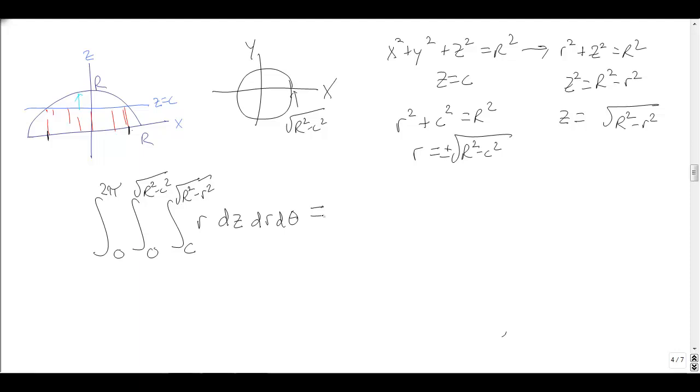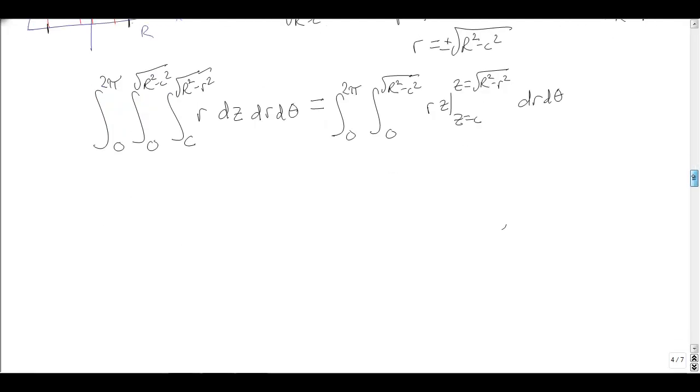Okay, now we can evaluate this. So you have the integral from 0 to 2 pi, integral from 0 to square root of capital R squared minus c squared, and when I integrate with respect to z, I'm going to get rz from z equals c up to z equals square root of capital R squared minus lowercase r squared. I'm going to do dr d theta.